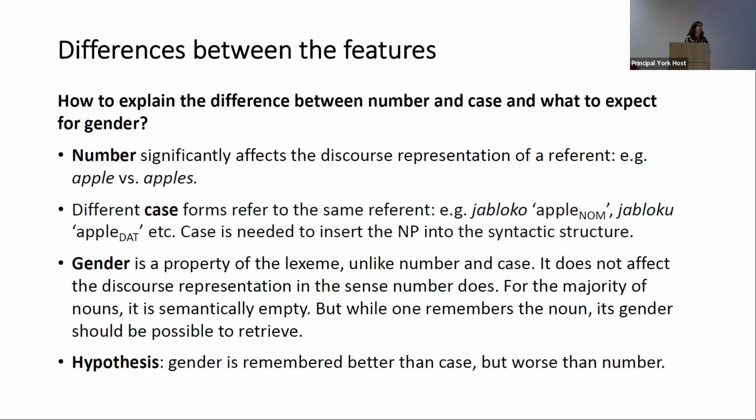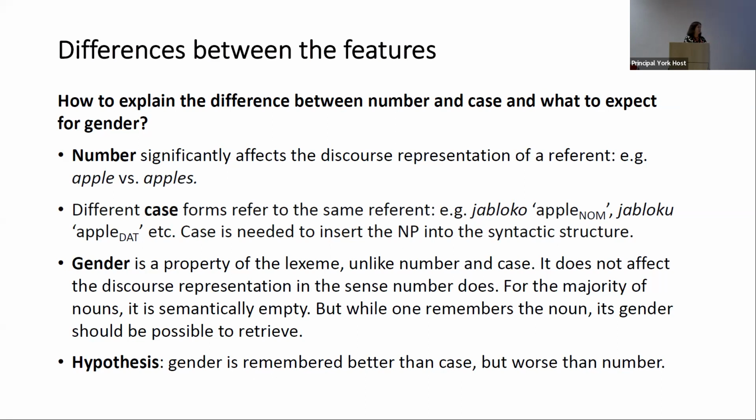For the majority of nouns, gender is semantically empty in Russian. So for inanimate nouns, it doesn't mean anything. It's purely formal. For animate nouns denoting animals, it's largely semantically empty. For example, for a dog, there is a word sabaka, which is feminine, and it can refer both to the female dog and to the male dog.